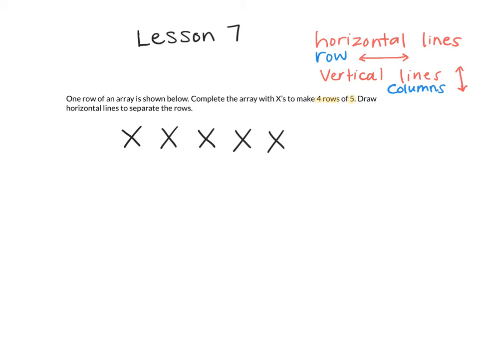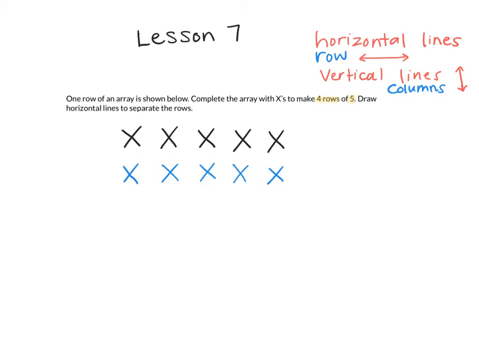The other part of the problem says draw horizontal lines to separate the rows. I'll show you what that means in a second. Right now I have 1 row. I need to do 3 more rows, and then I will have a total of 4 rows, and they need to all have 5 X's. So I'm going to do that now. I have 1, 2, 3, 4, 5. So now I have 1 row, 2 rows.